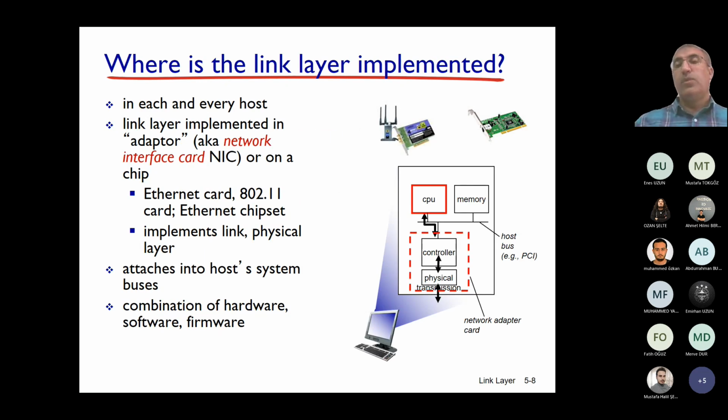Okay, so one good question is, where do we implement this link layer in practice, in hardware? And the answer is in each and every host, like a laptop, PC, mobile device, smartphone, whatever.